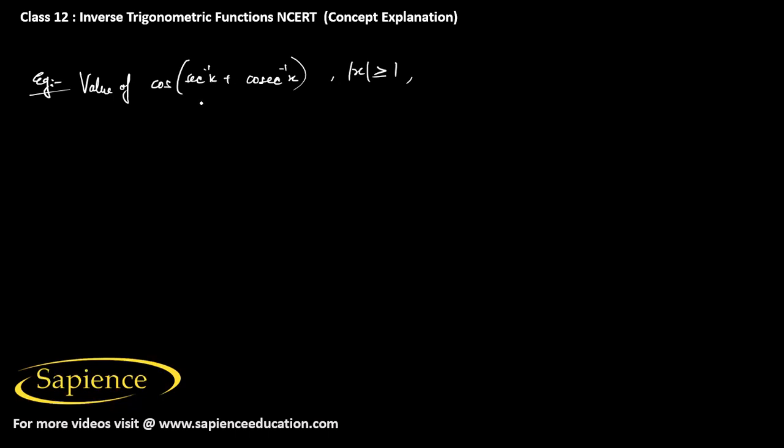We know that sec inverse x plus cosec inverse x, when mod x is greater than or equal to 1, is pi by 2. So we simply have to find cos of pi by 2, which is equal to 0. So 0 is the answer.